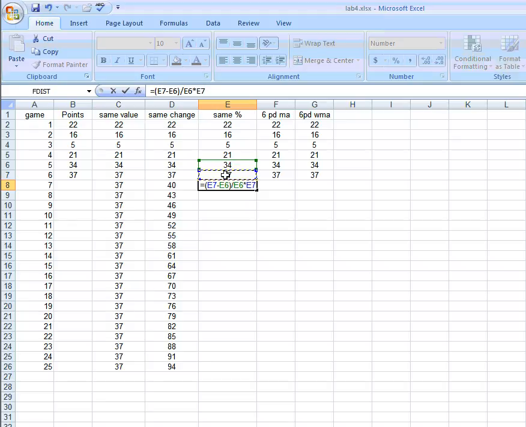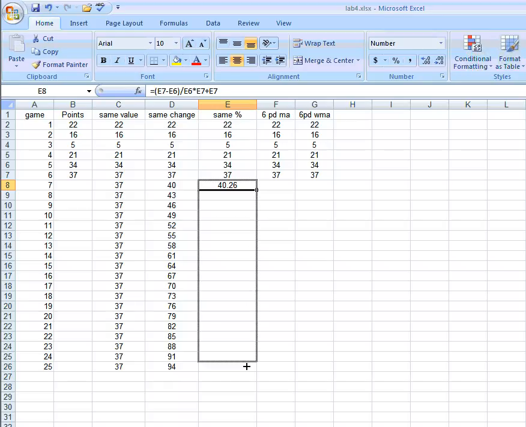But that just gives us the change. Since that gives us a change, we have to add it to the most recent amount. So plus the most recent amount. Do that, and it gives us 40.26. And I've changed that so the formula is a number with 2 decimals. Copy that down.